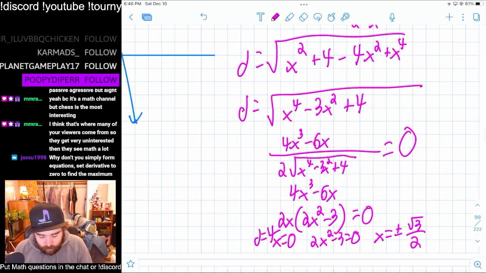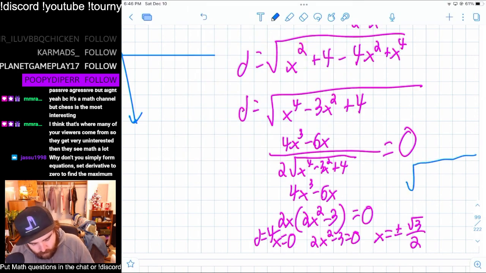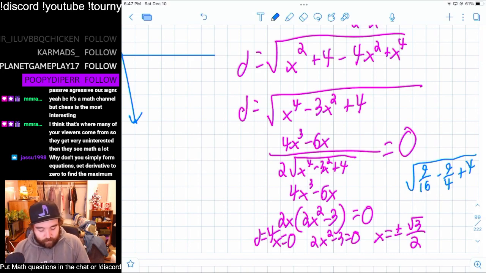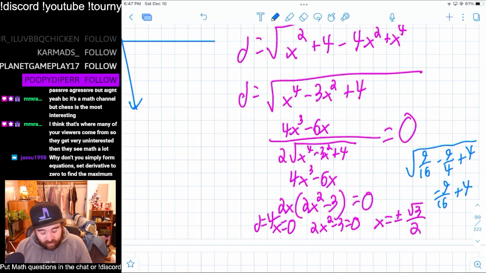At x equals root 3 over 2, oh my goodness, you're going to have root 3 over 2 to the 4th, which is root 3 squared squared, so 3 squared, so 9 over 16, minus 3/4 times 3, minus 9/4, plus 4. So 9/16 minus 9/4 is 9/16 minus 36/16, so that's minus 27/16 plus 4.